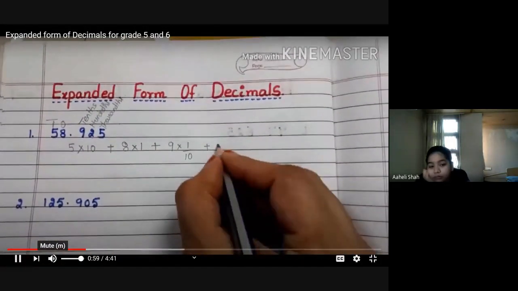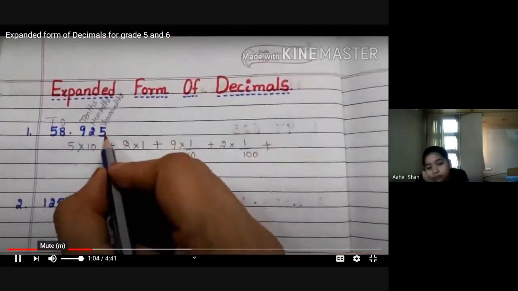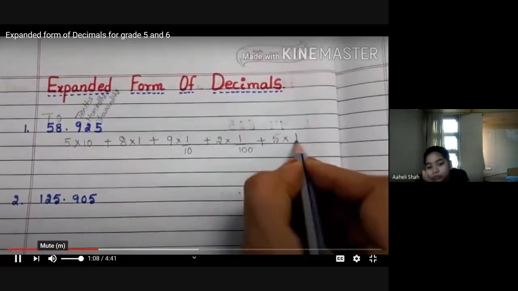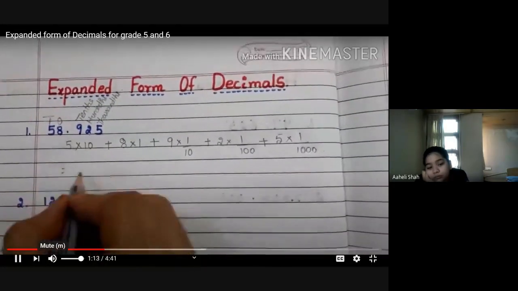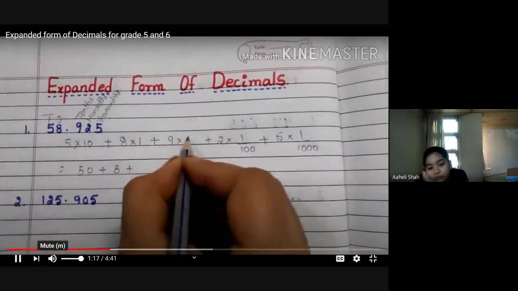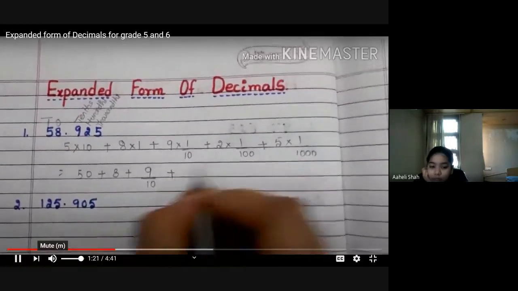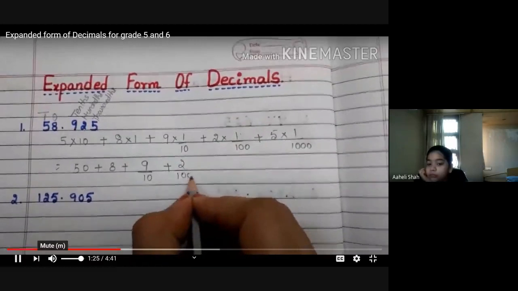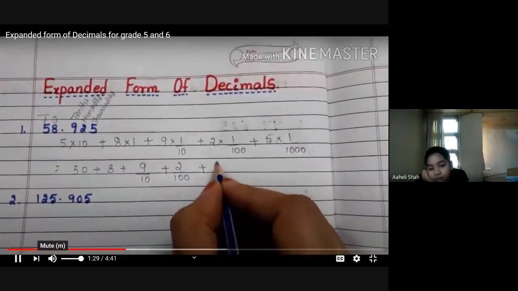So, 2 into 1 by 100 plus 5 is in thousandths place, so 5 into 1 by 1000. Now, 5 tens are 50 plus 8 plus 9 into 1 by 10, so it's 9 by 10 plus 2 into 1 by 100, it's 2 by 100 plus 5 into 1 by 1000, so it's 5 by 1000.